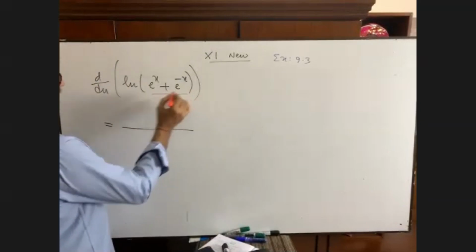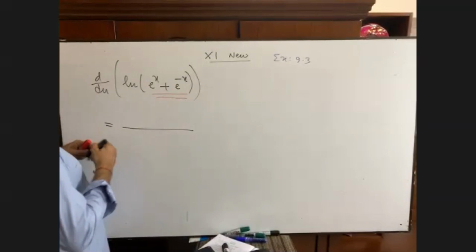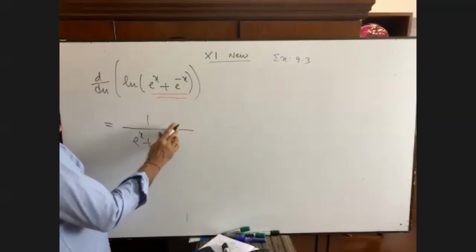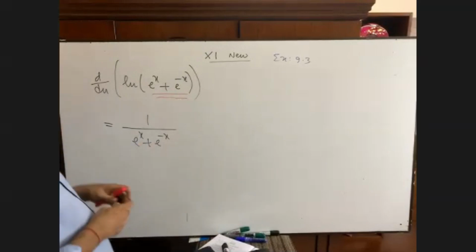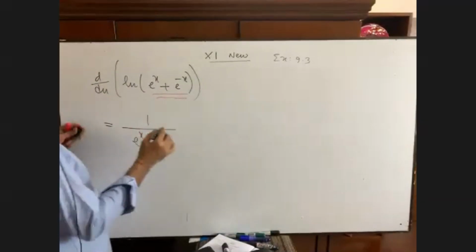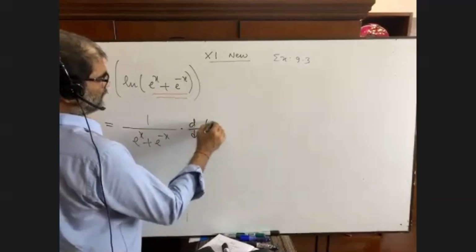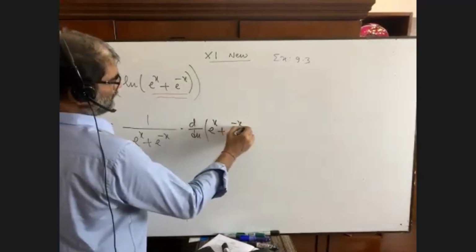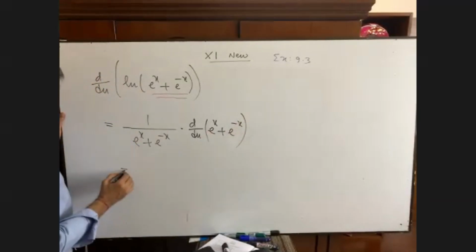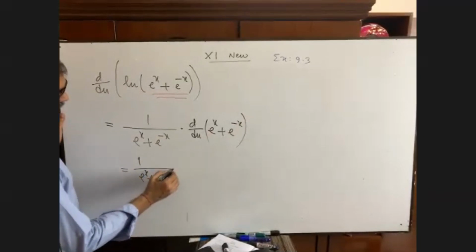So the derivative of ln x is 1 by x, so 1 over e to the power x plus e to the power minus x. But it is not only x, so it is to be differentiated again. So we get d by dx of e to the power x plus e to the power minus x.